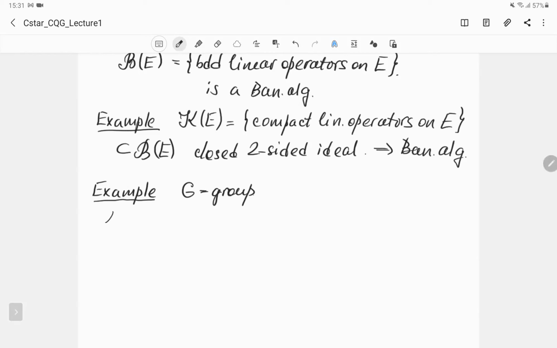And we denote by little l1(G) the usual little l1 space, which consists of those functions on G which satisfy the following condition: the following series converges.